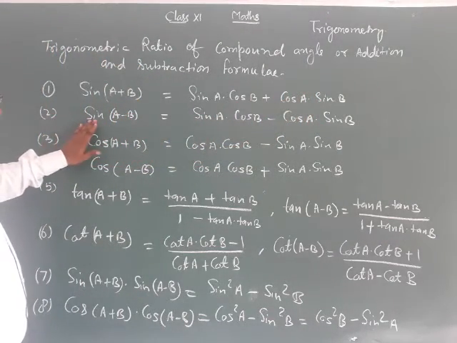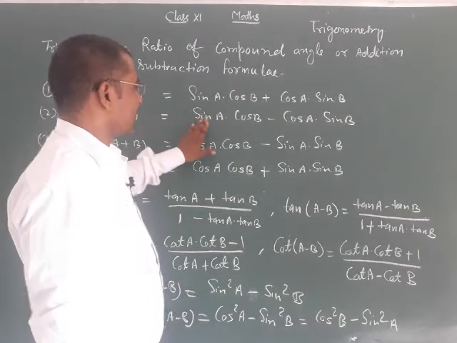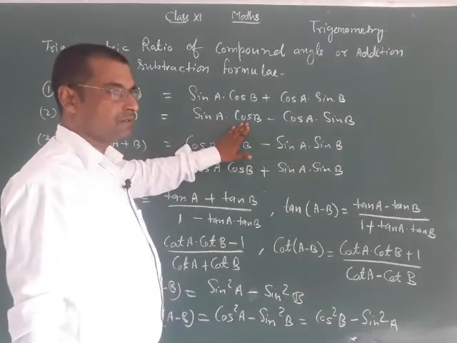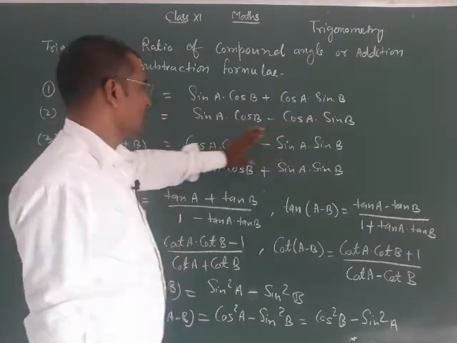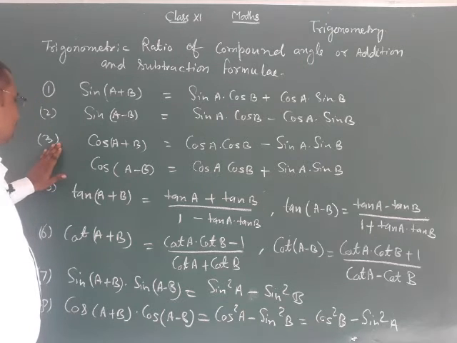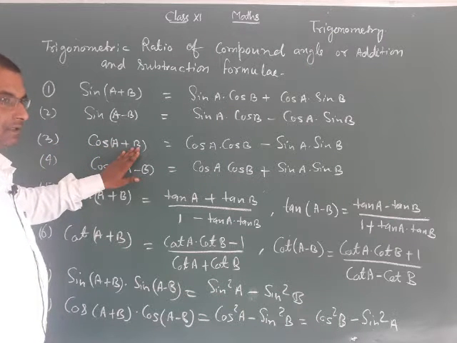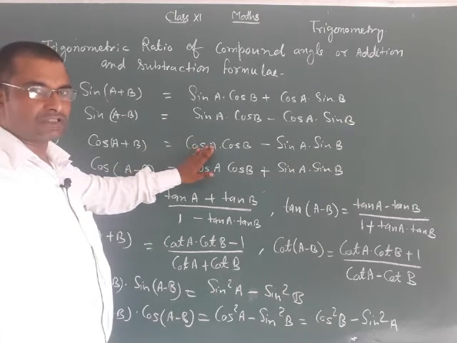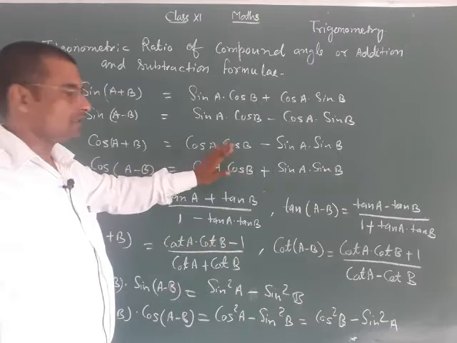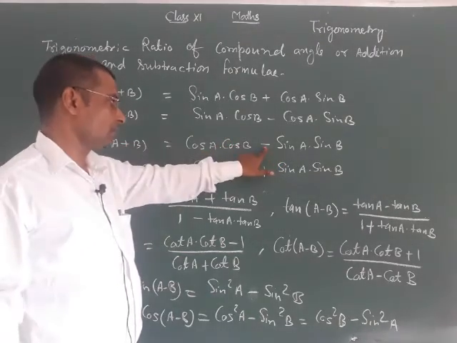And second formula, sin(A minus B) is equal to sin A cos B minus cos A sin B. And third formula, cos(A plus B) is equal to cos A cos B minus sin A sin B. So this is plus, and this is minus.